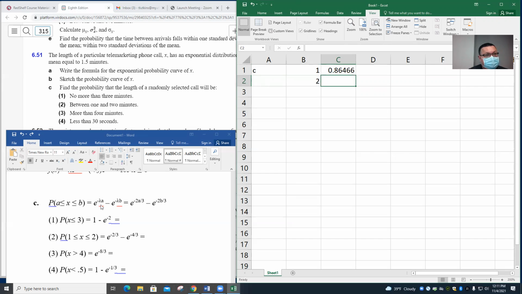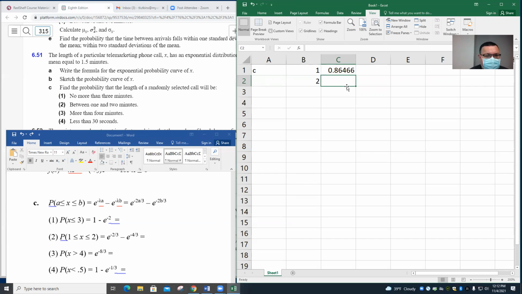We know our lambda is 2/3, and here our a is 1, so that's why we have -2/3. Then for the second number, it's negative lambda times b, and our b is 2. So -2/3 times 2 equals -4/3. So that's how we got those numbers.